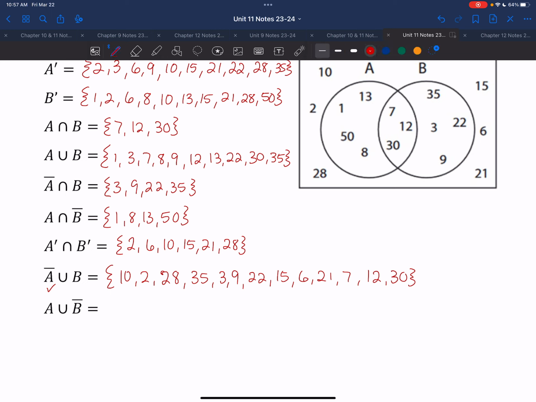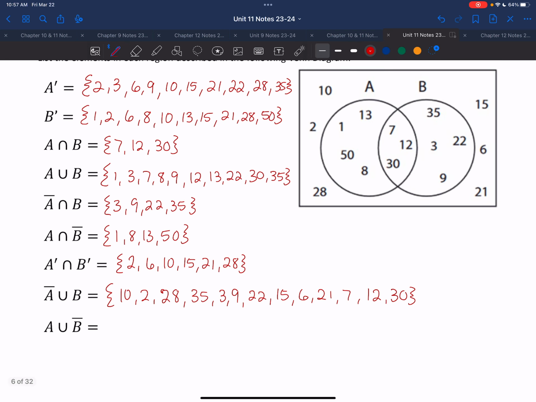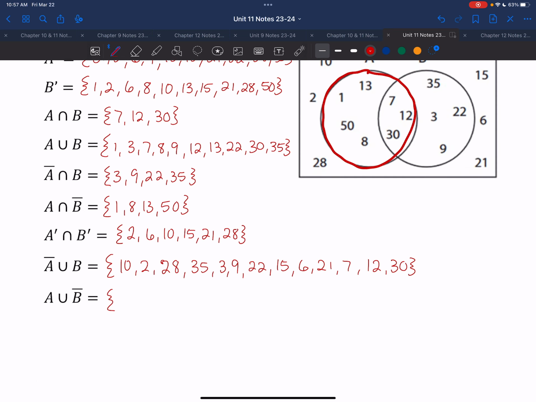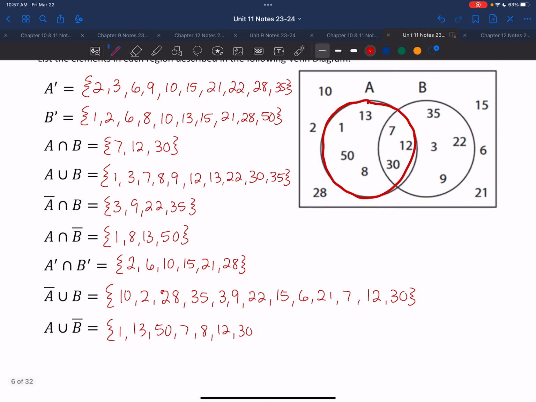And then the last one, A or not B. So I can look at each of these individually, all right? A, well, everything inside this circle is inside set A, right? So I've got 1, 13, 50, 7, 8, 12, and 30. And then I want to look at or not B. Well, here's B right here.